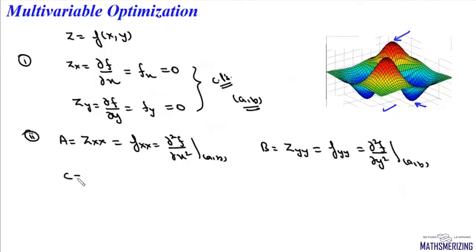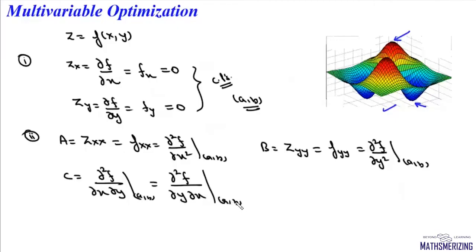And we'll find C, which is the cross derivative of this function. We'll write it as del square f by del x del y at (a, b), and since we are talking about points where this function is differentiable, it'll be equal to del square f by del y del x at this point (a, b).